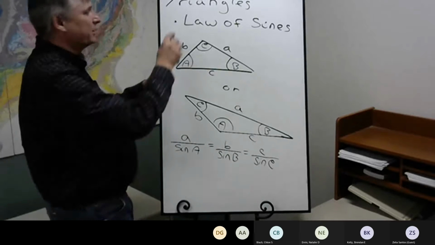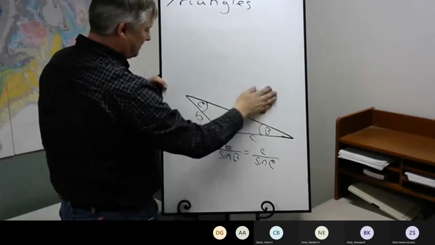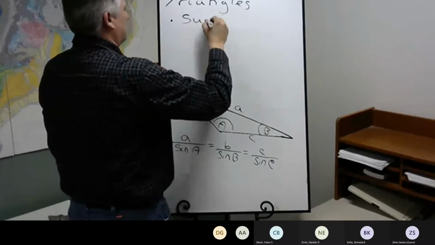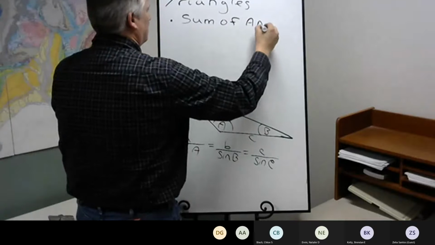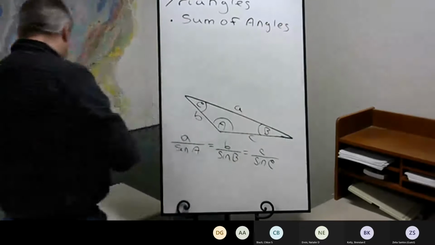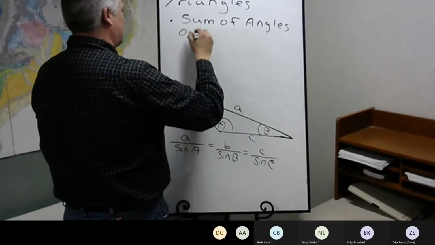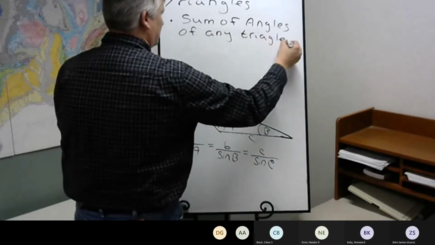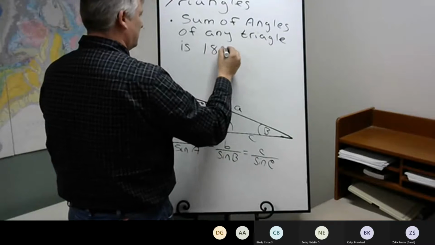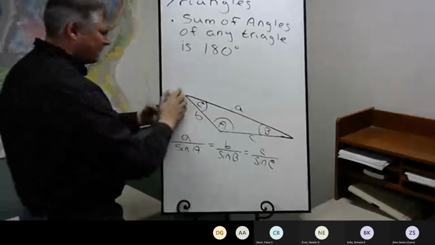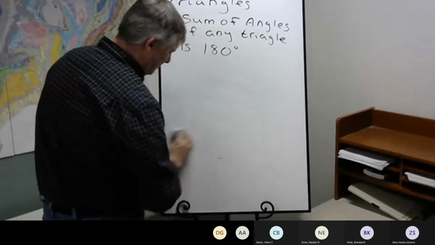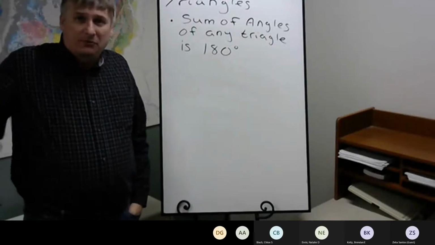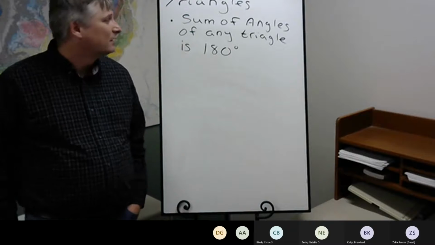So one more fact about triangles. The last thing to mention with triangles, if you add up all the angles on the inside of a triangle that's on a flat surface, you're going to get 180 degrees.